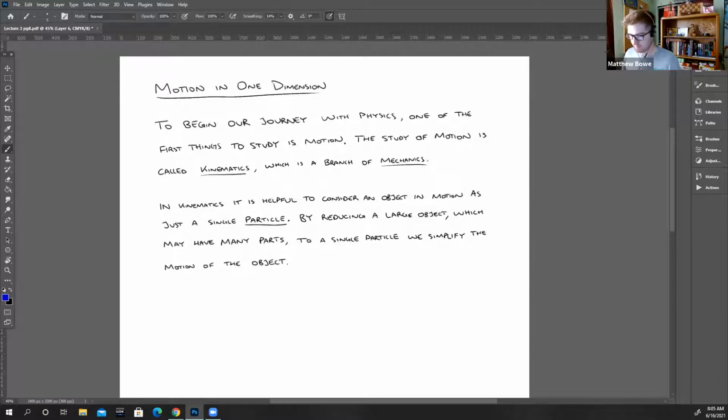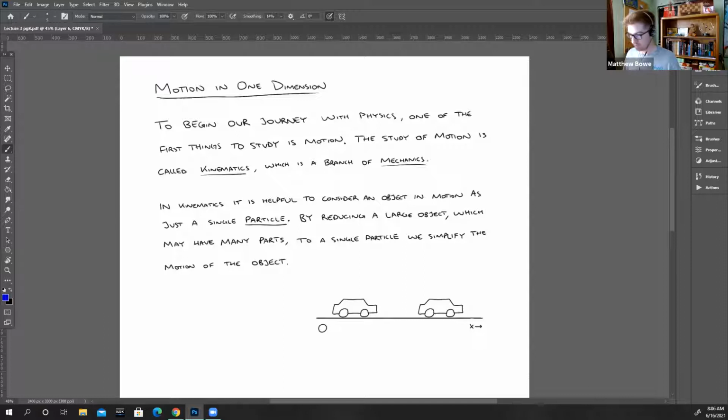Okay, so I made a little example of a car, and we're going to be looking at, I think yesterday, I talked about the example of going to the grocery store, and you might take this big, long, complex path, and you have this large distance, but maybe your displacement is different.